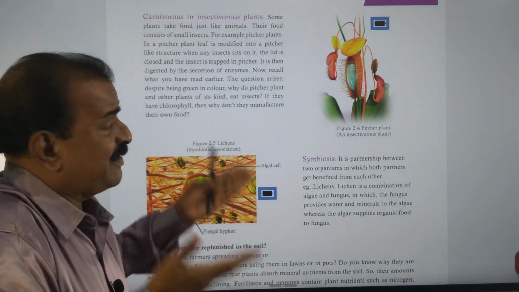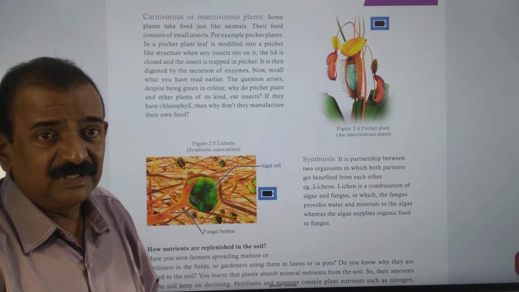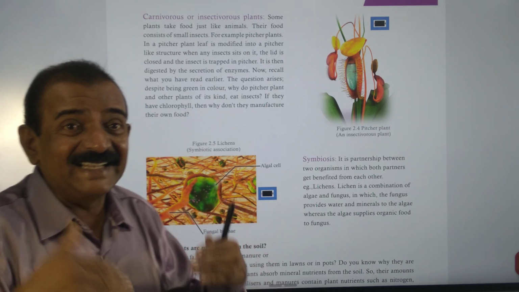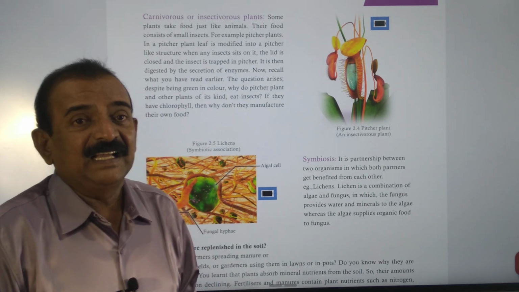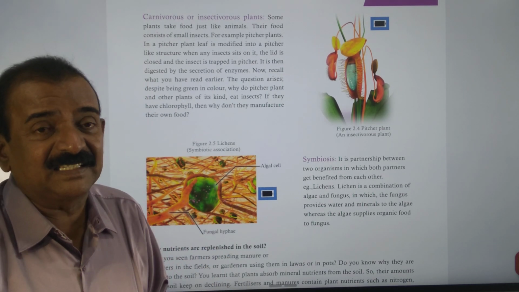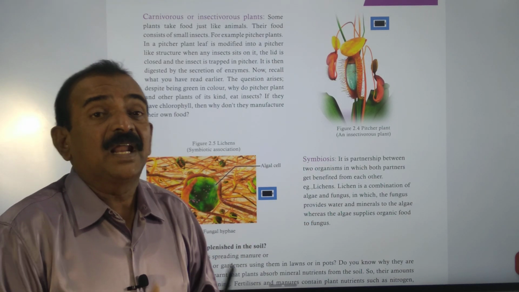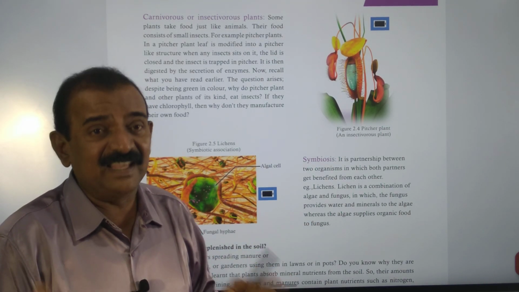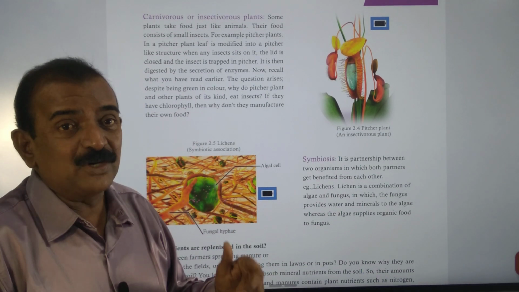In this way they survive and grow, even though they have green leaves. For their growth they trap insects, kill them, and absorb the nitrogen present in them. These plants grow in nitrogen deficient areas, especially desert areas where the nitrogen in the soil is less.